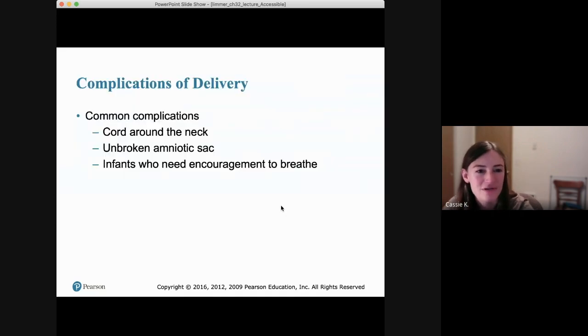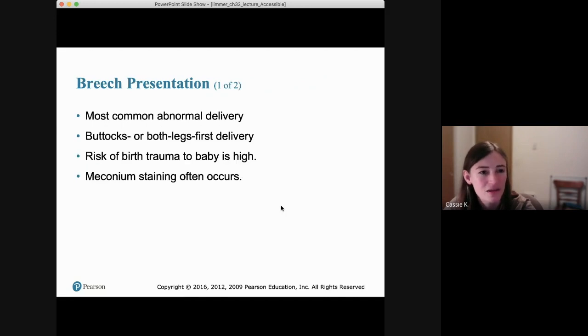However, sometimes there are going to be complications. Common ones may be cord around the neck, an unbroken amniotic sac, infants who need encouragement to breathe. There's also something called breech presentation. That's when something besides the head presents itself. You might see a butt first, you might see legs first, potentially even an arm.